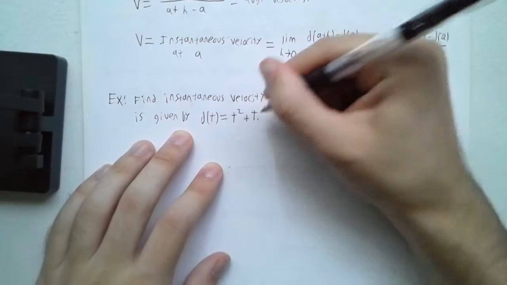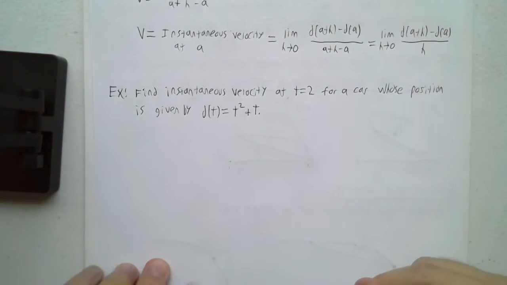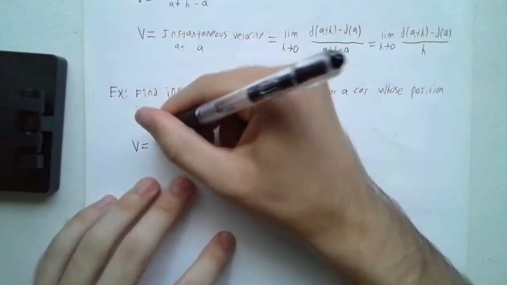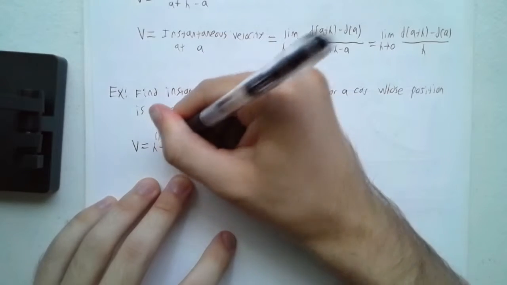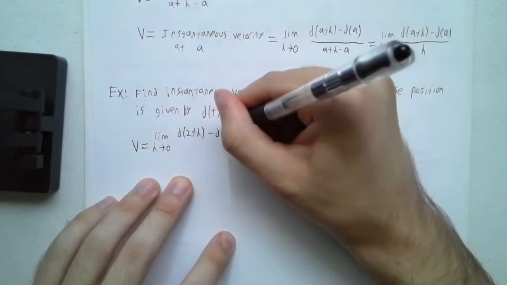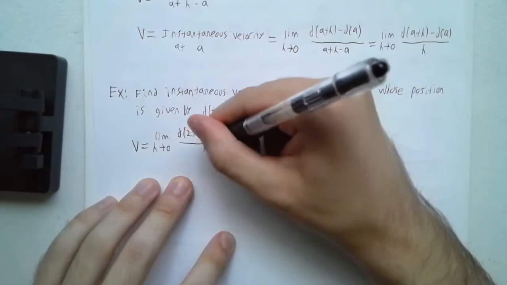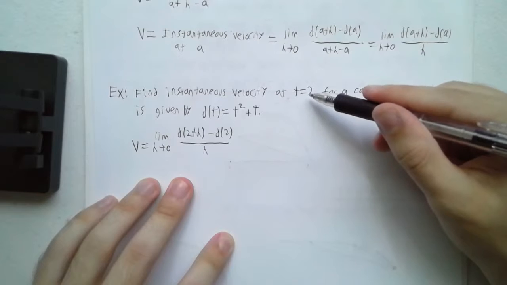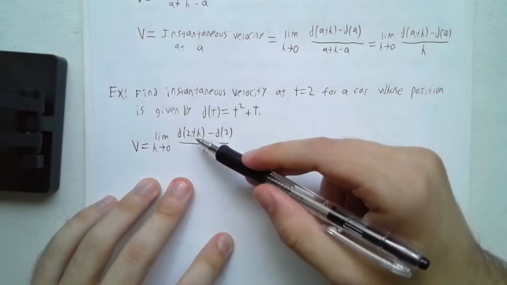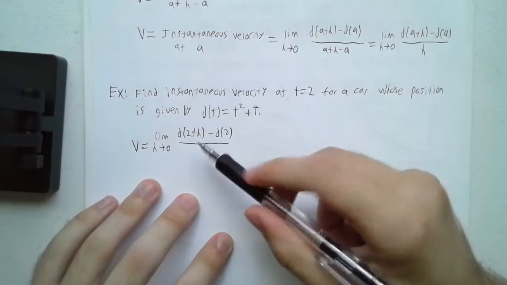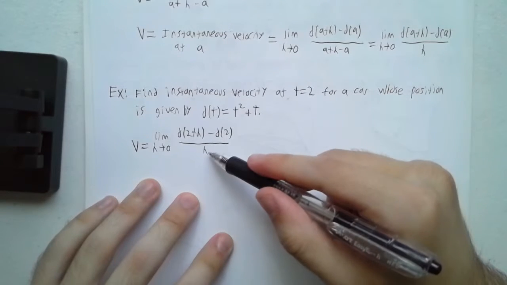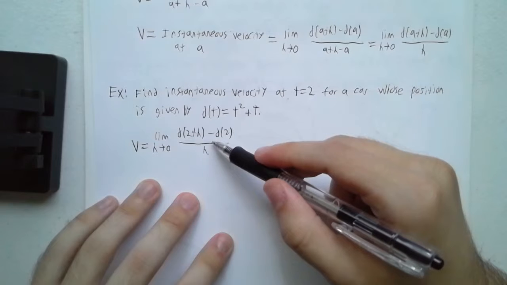How can we do this? Well, if we use our formula up here, we have v is equal to the limit as h approaches 0, d of 2 plus h minus d of 2, all divided by h, right? So a is the point where we want to find the instantaneous velocity, so in this case a is equal to 2. Now the next step, if we want to find this limit, you might think, well, our first thought is can we plug in h equals 0? But if you do that, the denominator will be 0, the numerator will also be 0, so that doesn't really tell you anything.